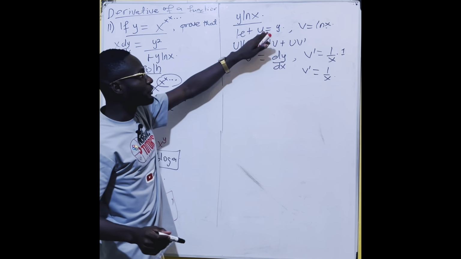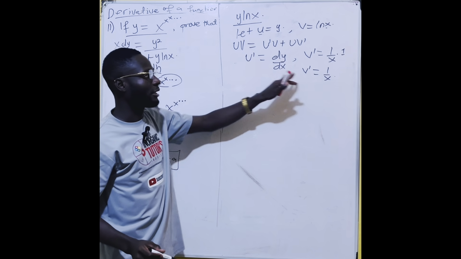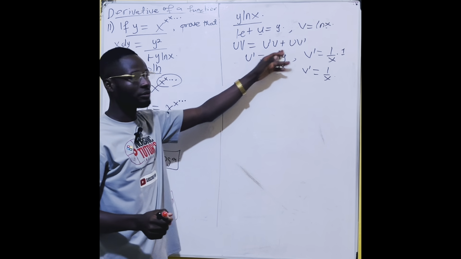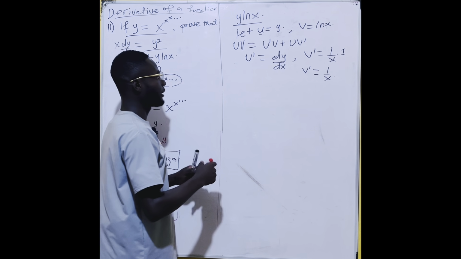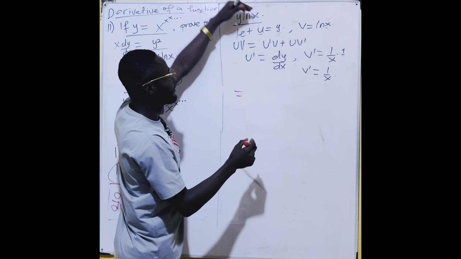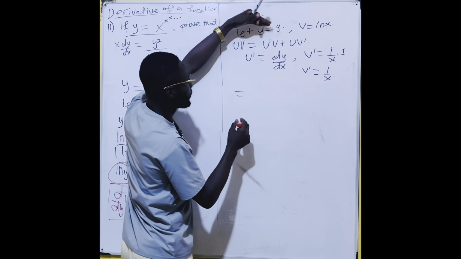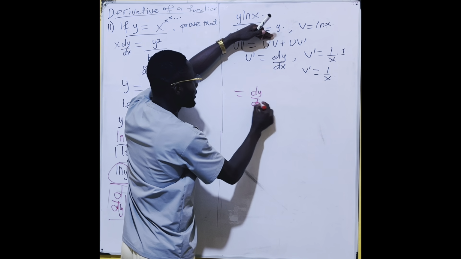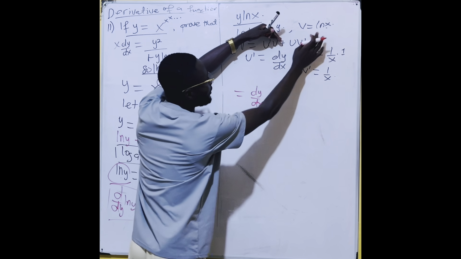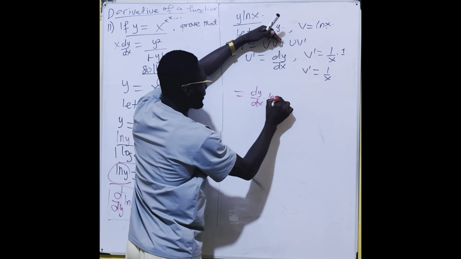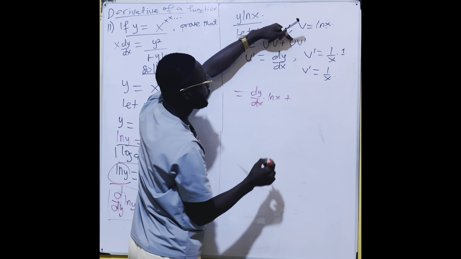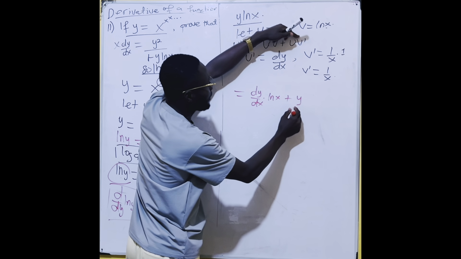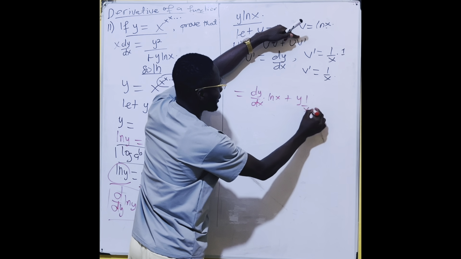Okay, so we have u, we have v, we have u prime, and we have v prime. So what we need to do is to substitute into the formula. We can see that the derivative of y ln x will be equal to u prime, which is dy/dx, times v, which is ln x, plus u, which is y, times v prime, which is 1 over x.